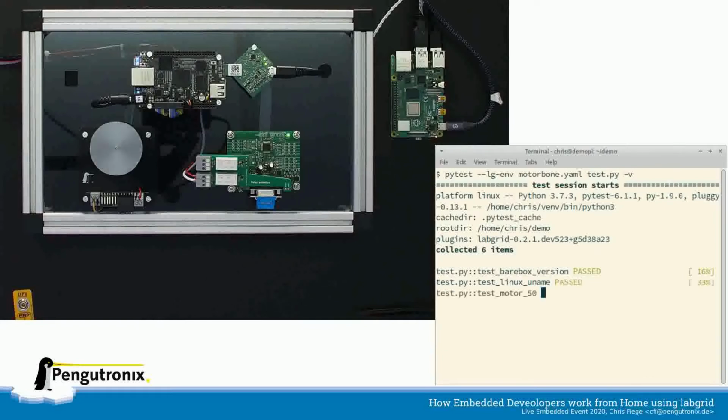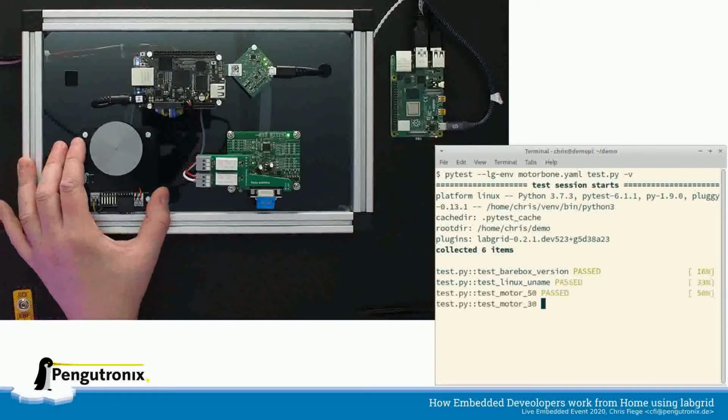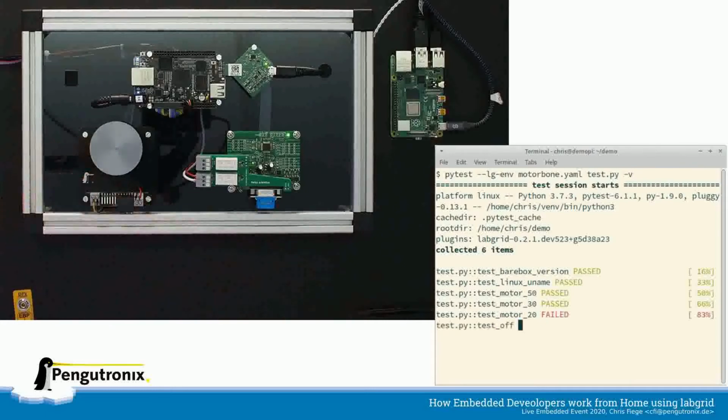That was successful too, and now our speed controller starts spinning our wheel here. And for this last test, I'll just slow this wheel down to a speed that's definitely below the speed it wants to reach, just to provoke a failed test here. That takes a short moment, and our test has failed.